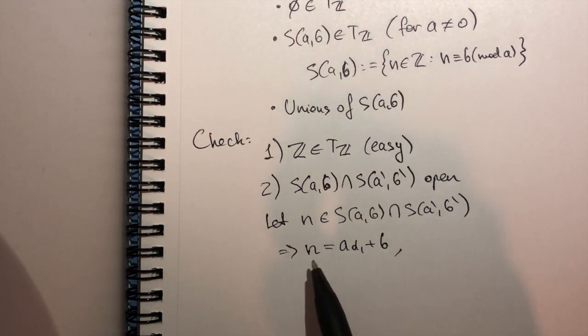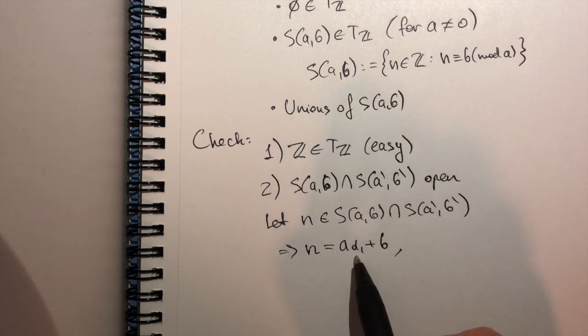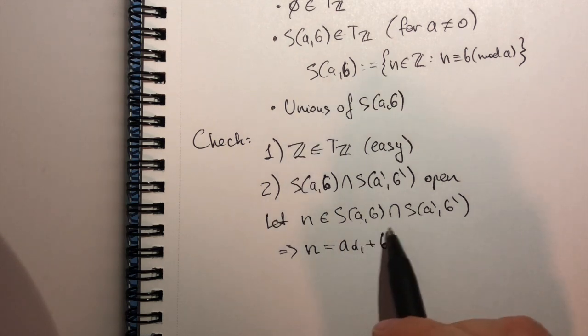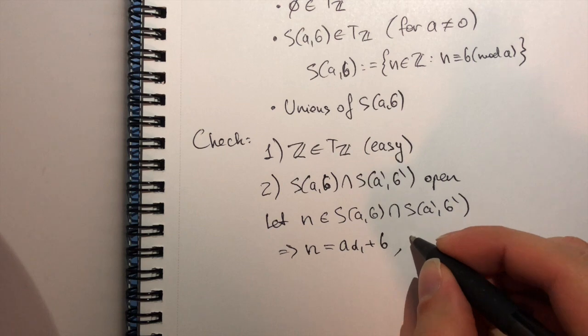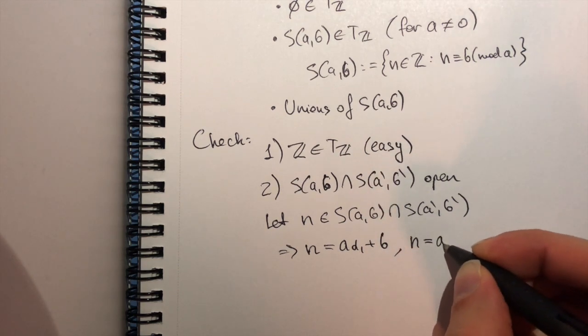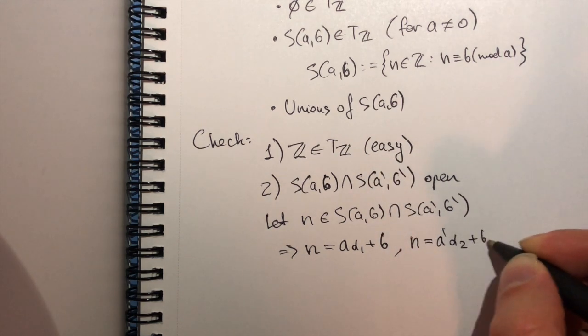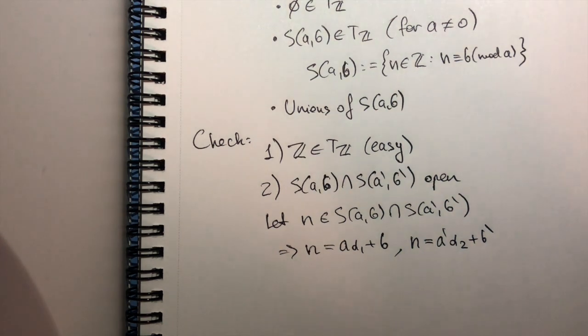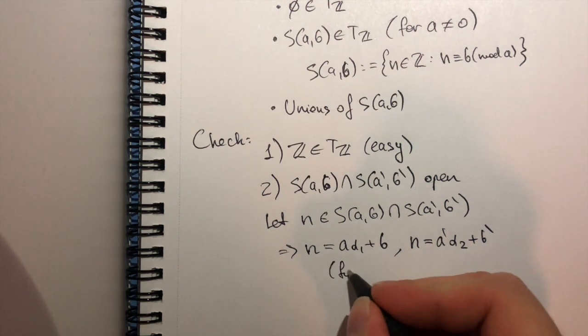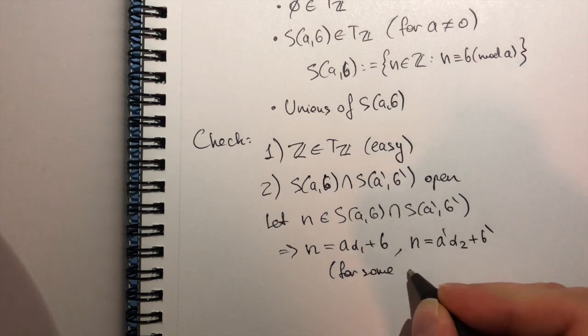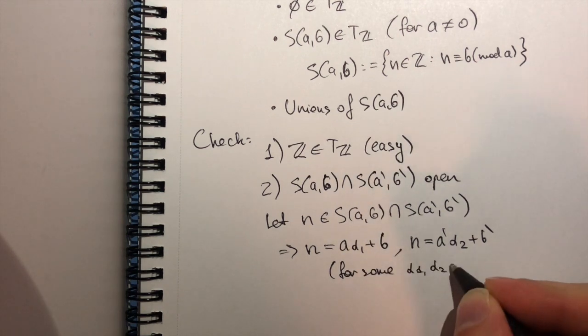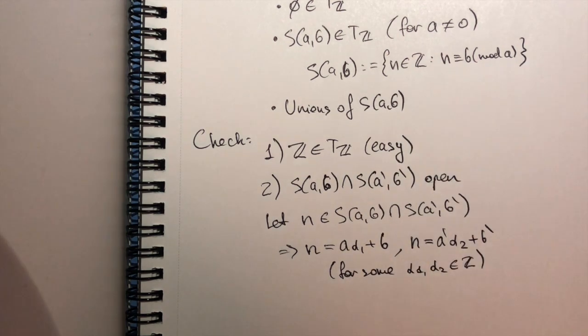So we can rewrite n as this once we're given a and b. And we can also write n as this, for some alpha 1, alpha 2 in the integers.